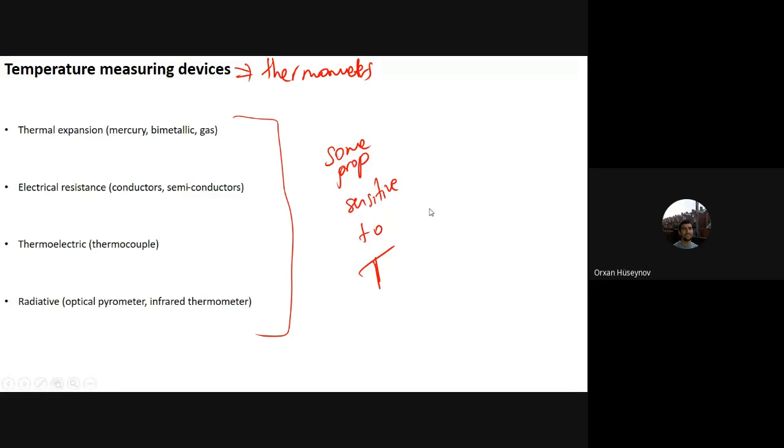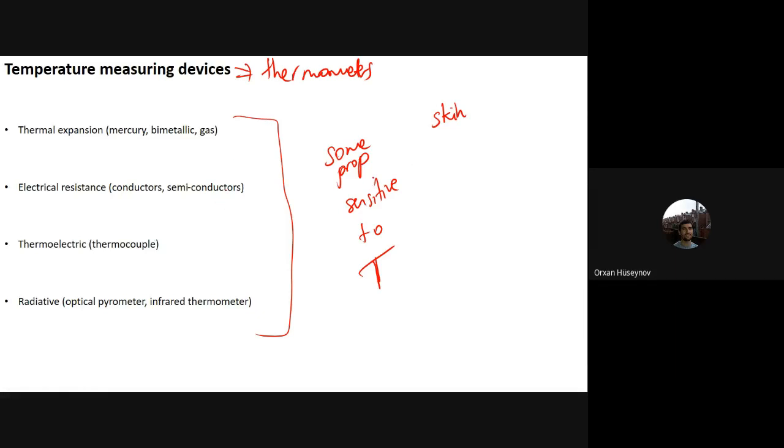For example, your skin. When you touch something and you say that it is hot, and if it is cold, you know it is cold. Okay, because your skin is sensitive to temperature. Similarly here, for any device and for any property that you are using to measure temperature, it should be sensitive to temperature.